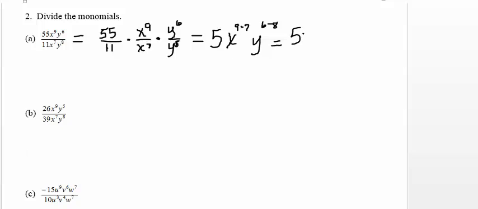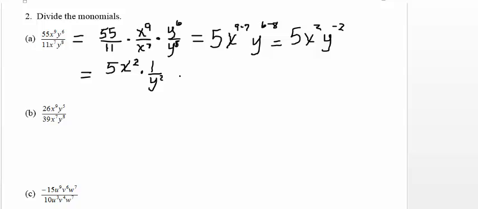So we get 5x squared y to the negative 2. We don't want to leave negative exponents in a final answer. So remember that y to the negative 2 is 1 over y squared.